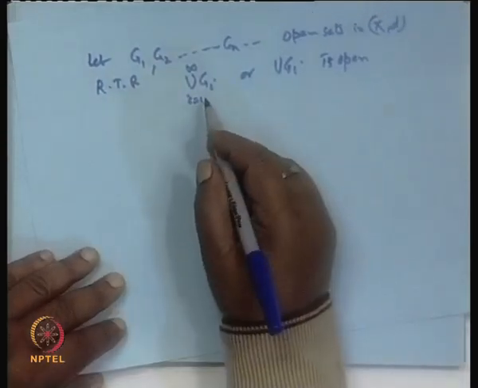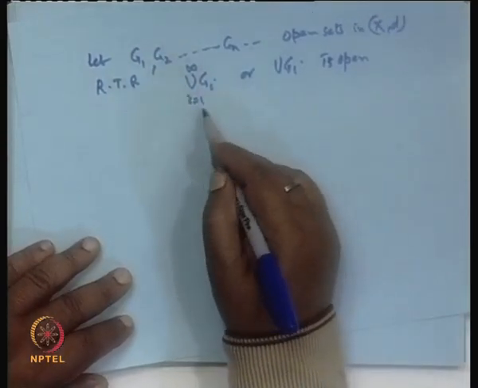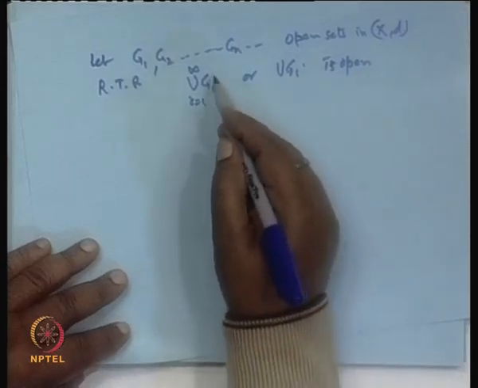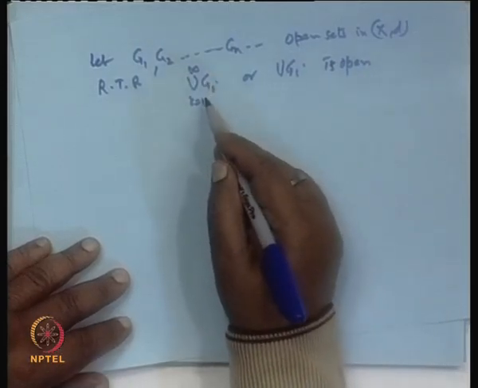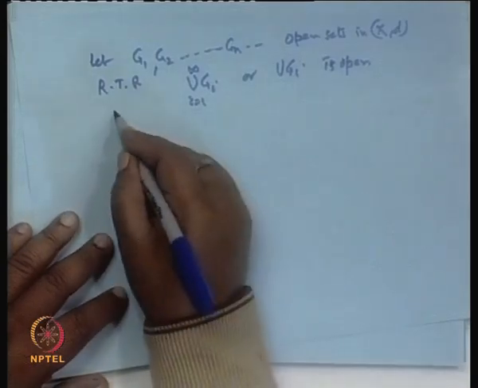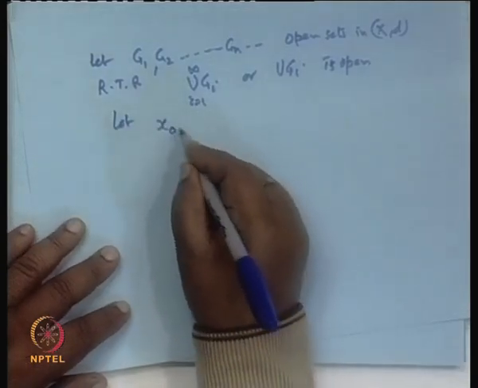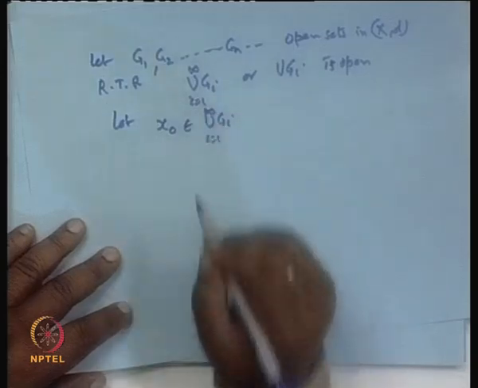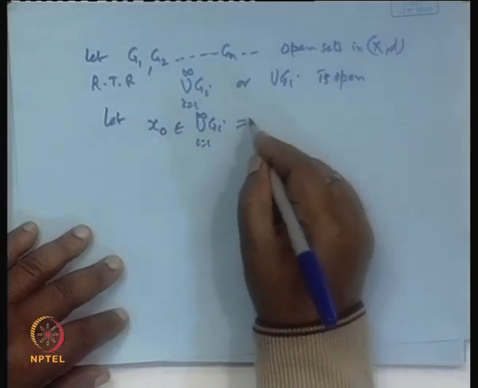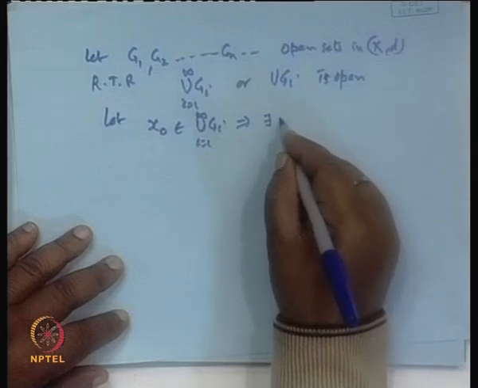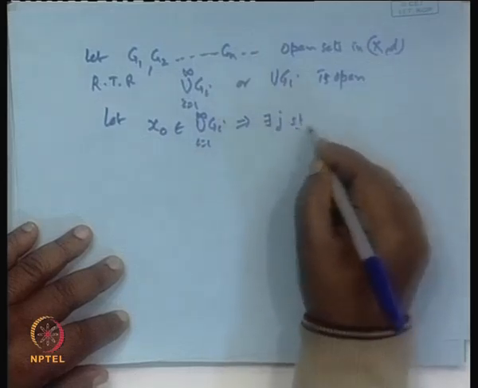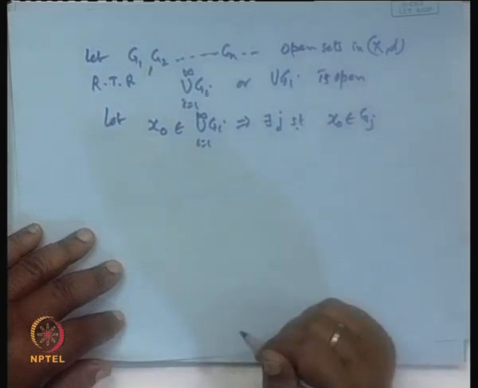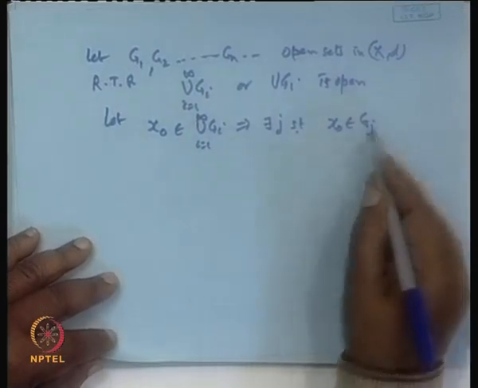So, if I prove that around any point of this set there is a ball which totally lies within this set, then we say this collection is an open set. So, let x naught be an arbitrary point in this collection. Obviously, there will exist some j such that the point belongs to this open set G j, but G j is open.